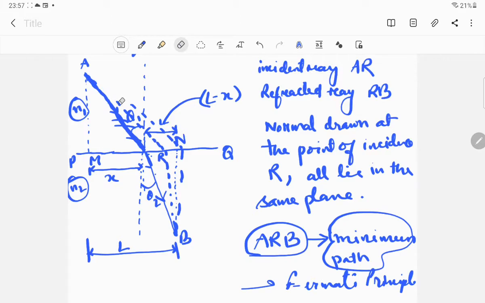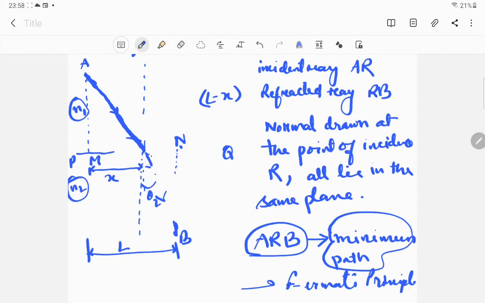So this is not required. Then here also I removed. I will draw the diagram again to make it clear for you. So again it is coming like that.